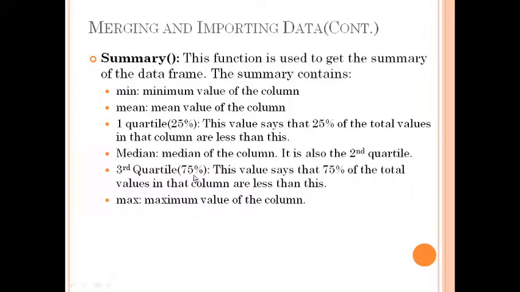Third quartile, that is 75, says that 75% of the data in that column is less than this particular value, and finally it gives us the max value of that column. So max and min values are used to find out the maximum or the minimum value of the column, as well as to get outliers of a particular variable, that is a column.